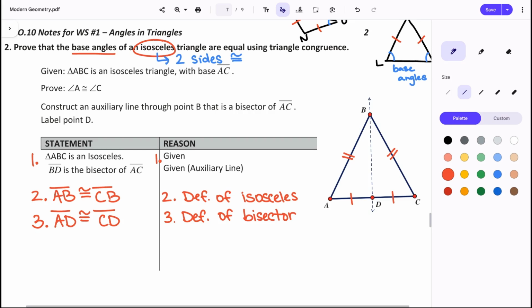Macy? Because of? Good, that side in the middle, it's shared. We've seen that show up a lot in these kind of proofs. So we should be able to mark that and say that those would be congruent as well.